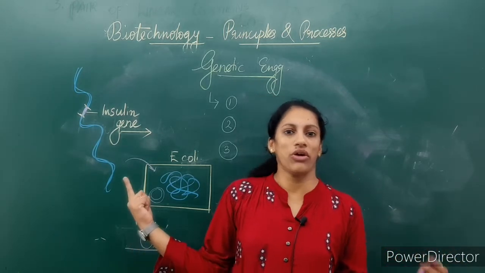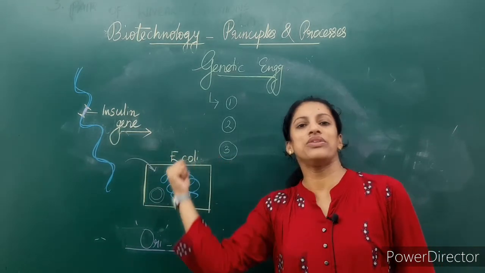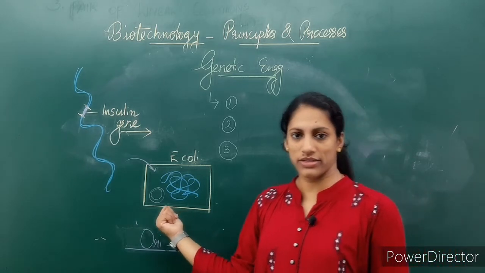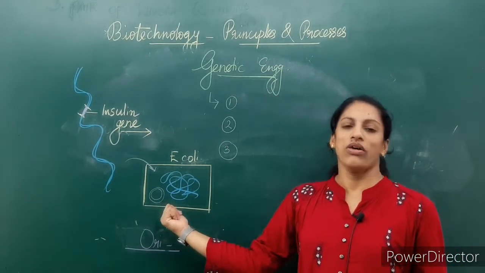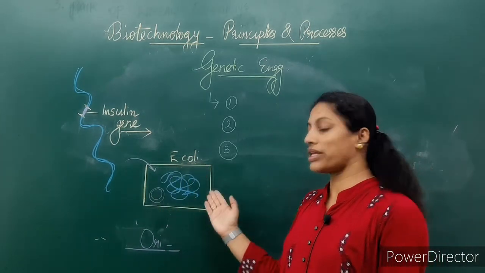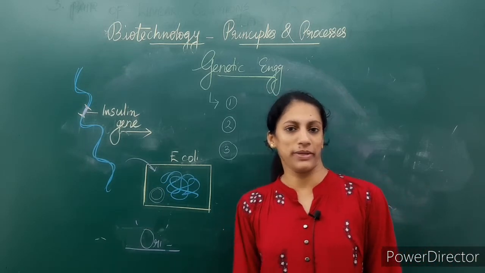We have to incorporate this desired gene into the genome of the host cell. Very simple fact. Along with its genome only, our DNA can multiply. If we are simply depositing it here and there, there is no scope for it to double or multiply.